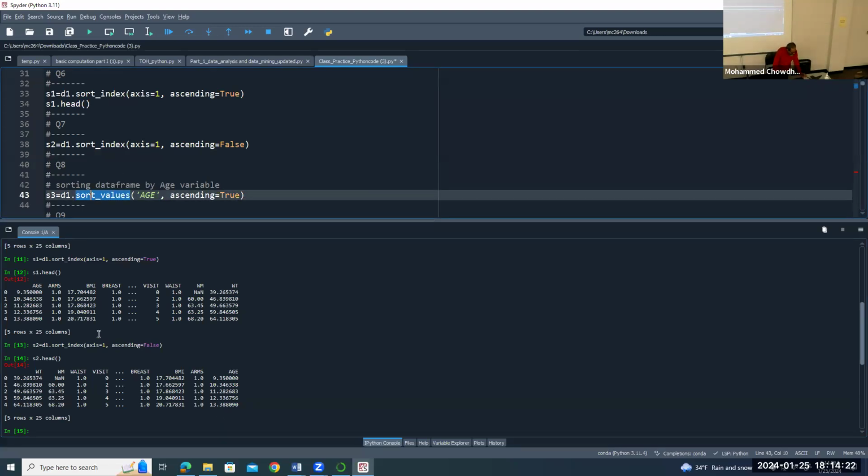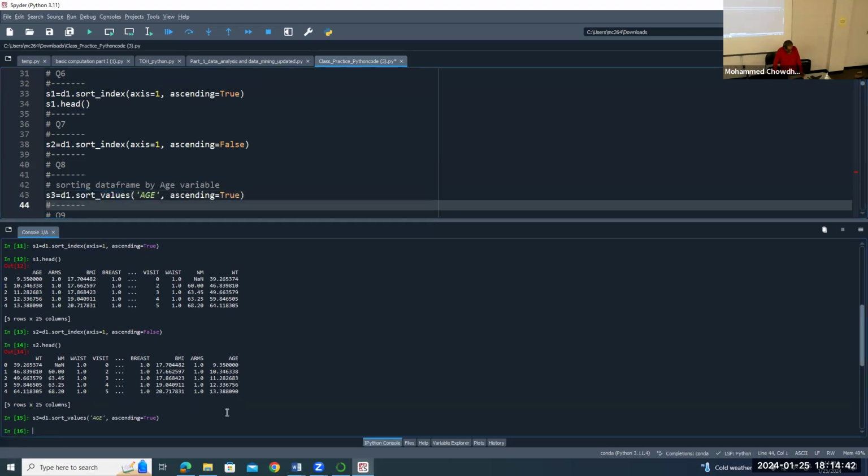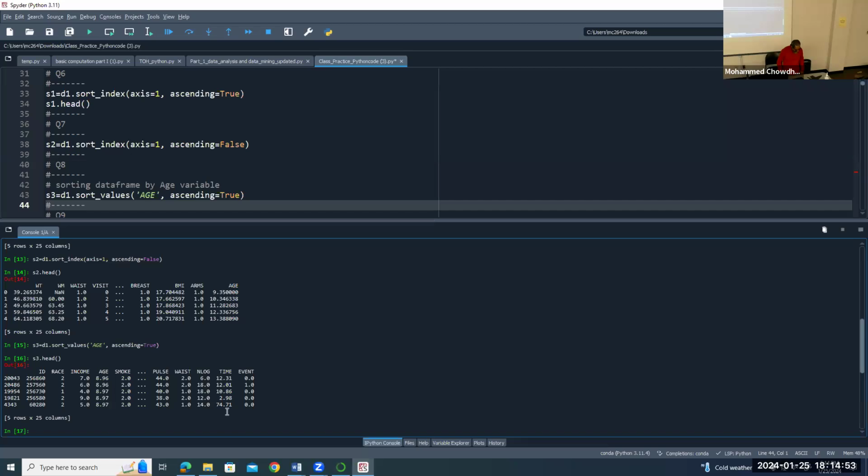Currently, take a look at the age variable. Currently, the age variable is appearing on the input number 12, age 9.35, age 10.34, age 10.28. But if I run the line number 43, and then if I check S3 dot head, then take a look.